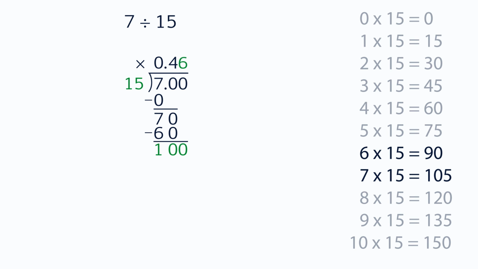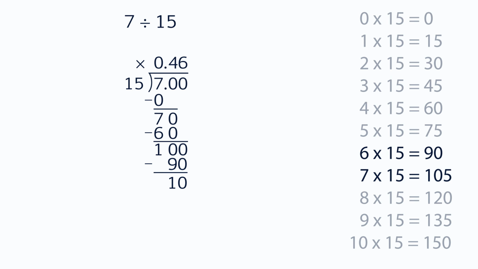Place a 6 here in the hundredths place. With 6 in the correct position, you multiply it by 15, which is 90, and place 90 right here, below 100. Now you subtract 90 from 100 and write 10 here, because 100 minus 90 is 10.